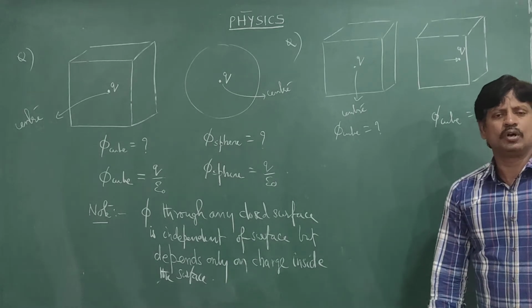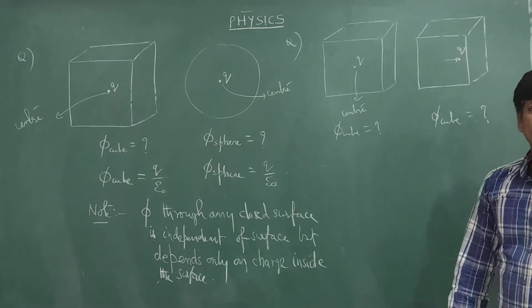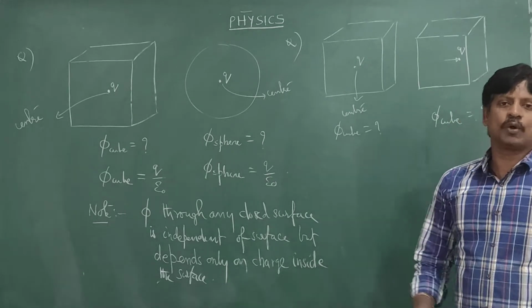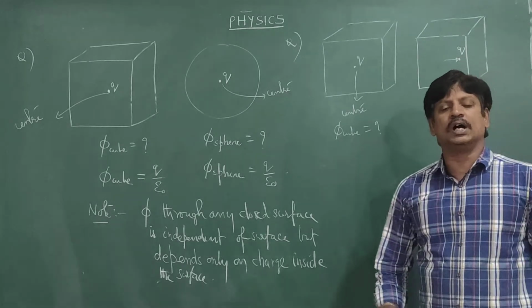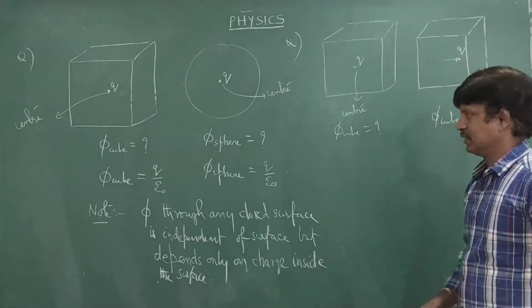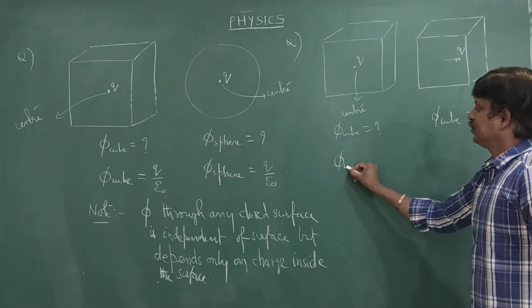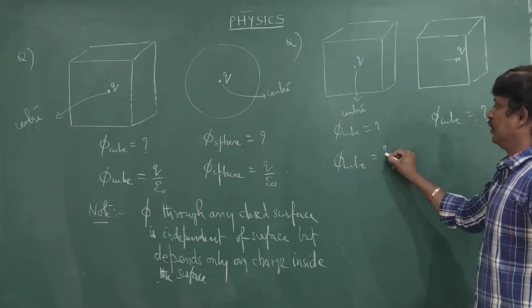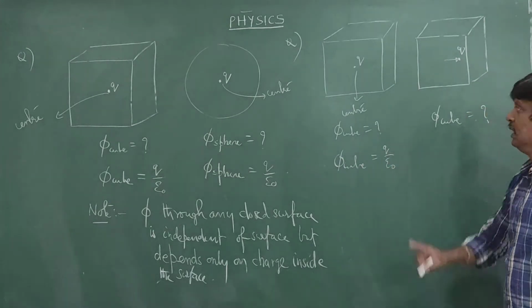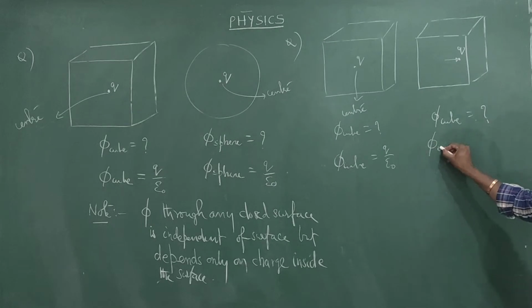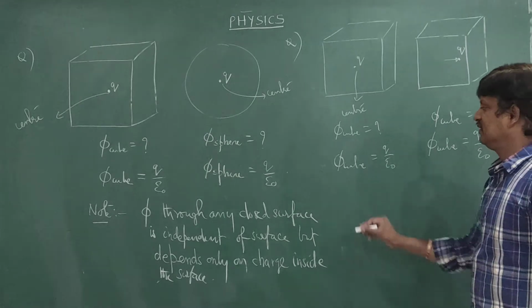So according to Gauss law, flux through any closed surface is equal to charge enclosed divided by epsilon. So flux through the cube is equal to Q by epsilon. In this case also, flux through the cube is equal to Q by epsilon. So from these two, what can we say?